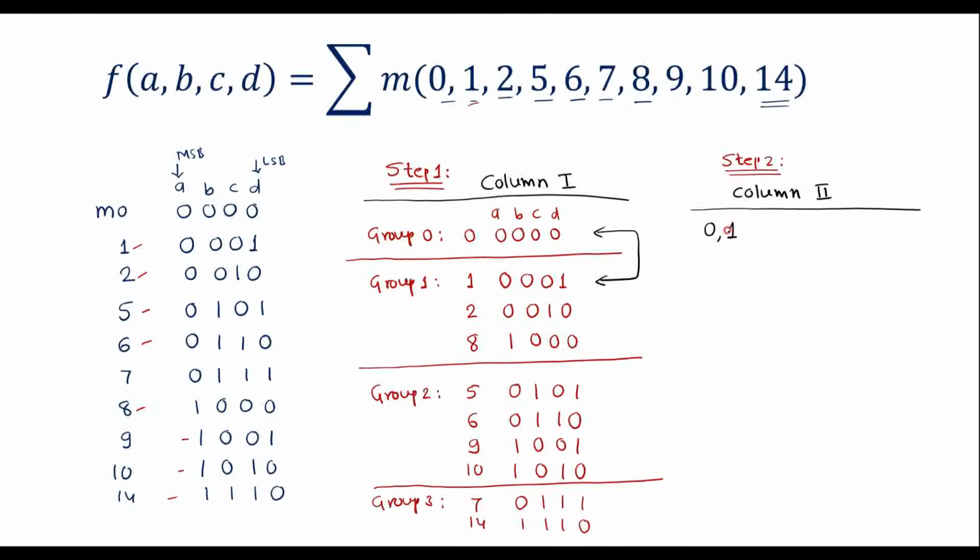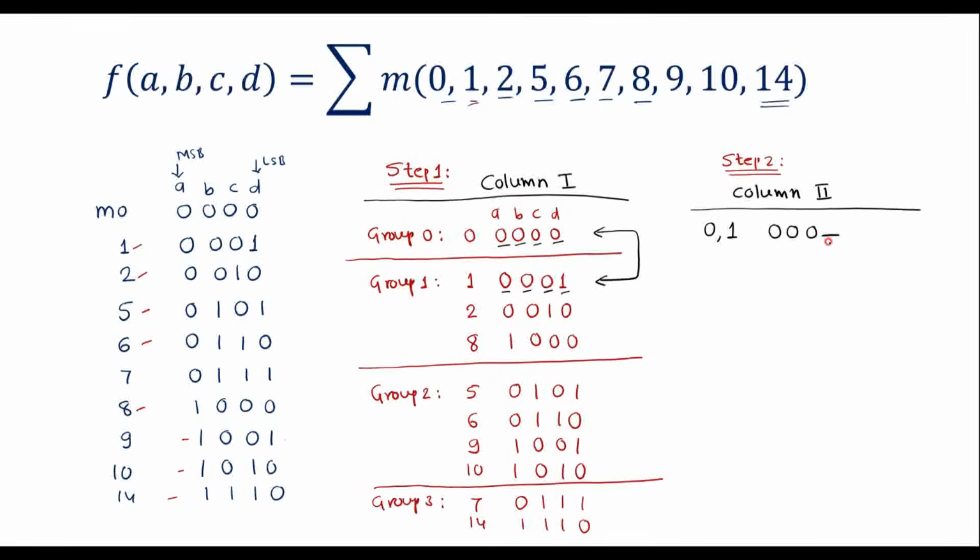So now I will represent the data as: here we have 0, 0, 0, 0, and here we have 0, 0, 0, but here it is 1. So I will represent it as 0, first 0 as it is, second 0 as it is, third 0 as it is. It differs by 1 bit in the fourth bit. So the fourth bit, instead of writing either 0 or 1, I will write it as a dash.